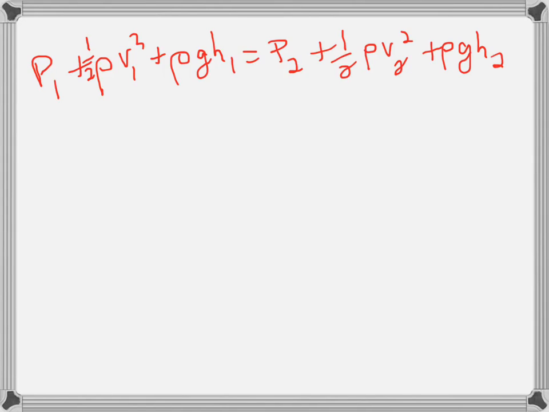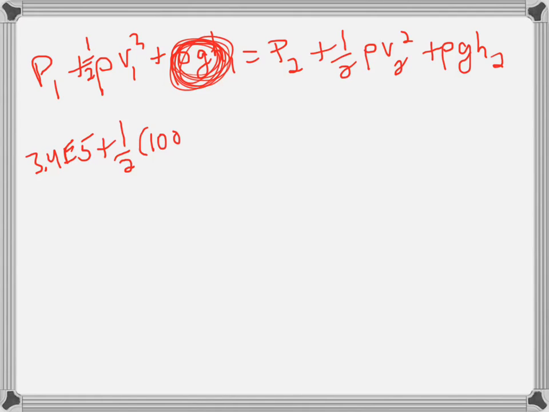Okay. Now, at the beginning, when the water's on the first floor, we're basically saying that's ground zero, so we're going to turn that term into zero, so we're not going to need that. So the pressure 1 was given to us, 3.4 E5, plus 1/2, the density of water is 1,000, times the velocity on the first floor is 2.1, squared.